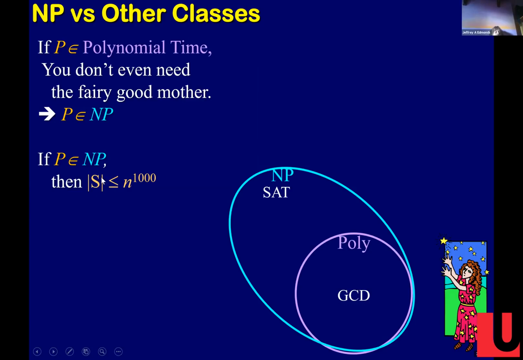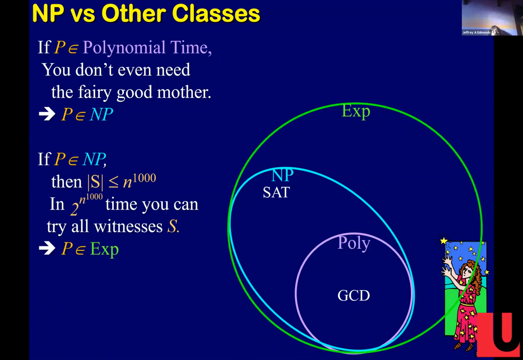So your solution can't be bigger than a polynomial, and hence an algorithm is you could try all possible solutions in time exponential in the size of the solution, right? If the solution has 2 to the 1,000 bits in it, then in 2 to that, you can try all solutions. And that's why if a problem's in NP, then you can do it in exponential time.